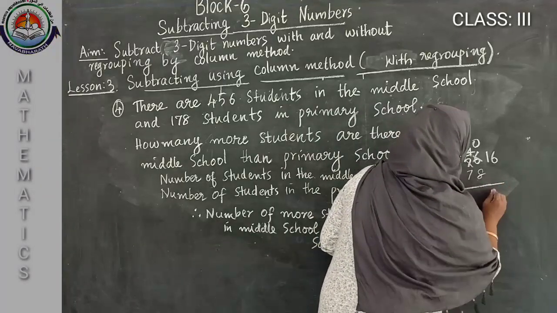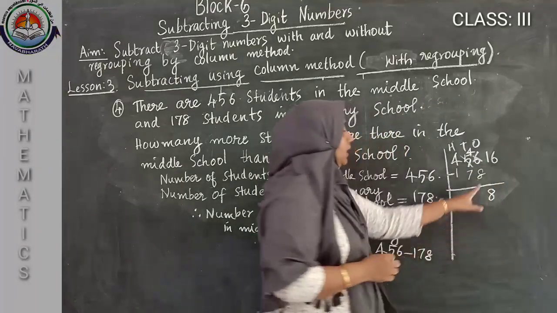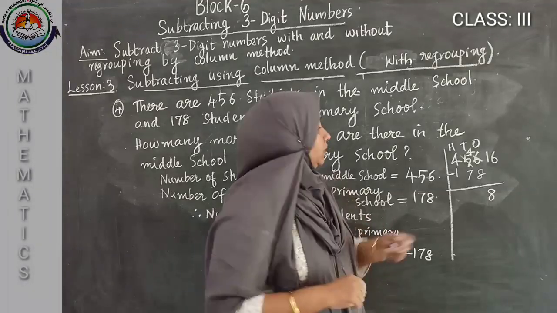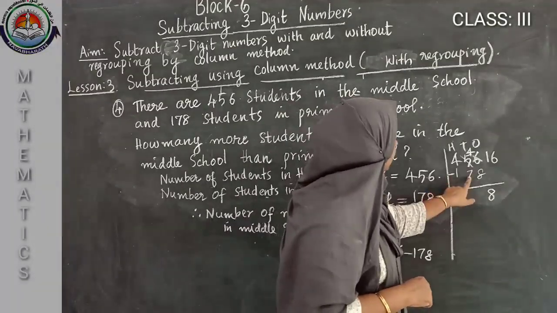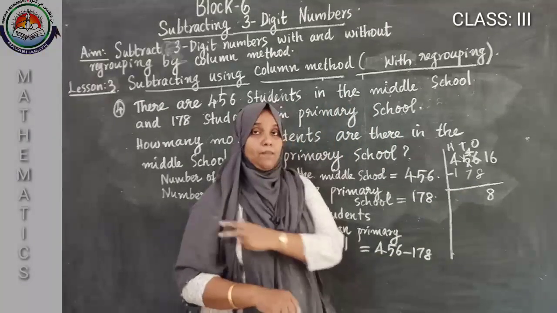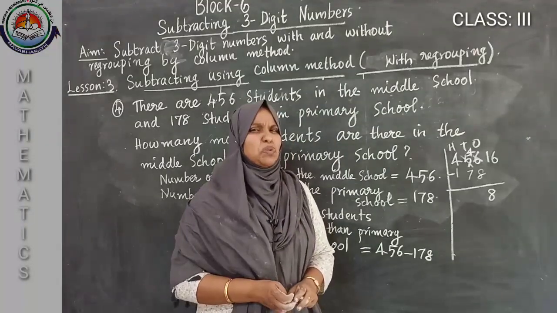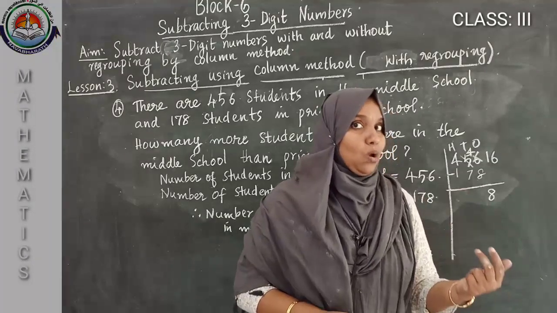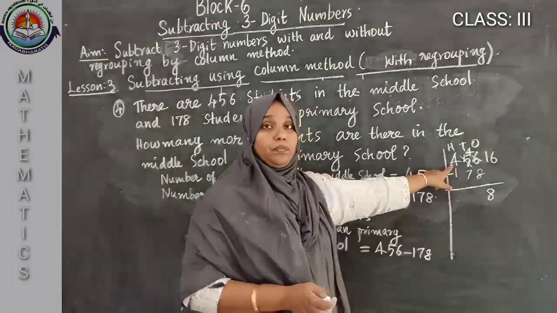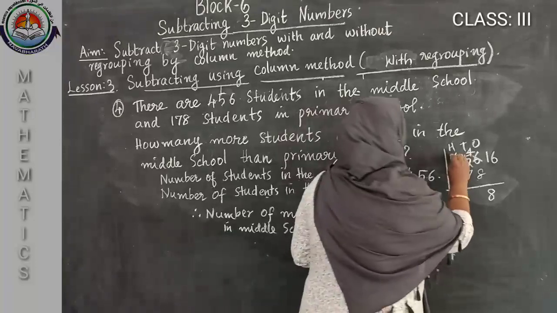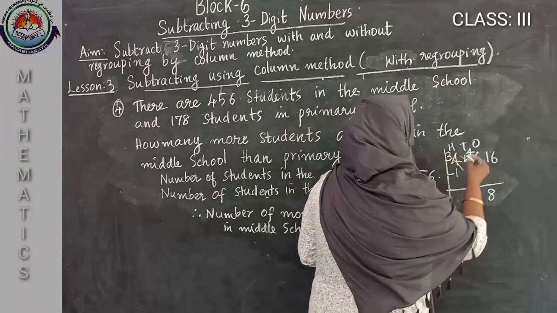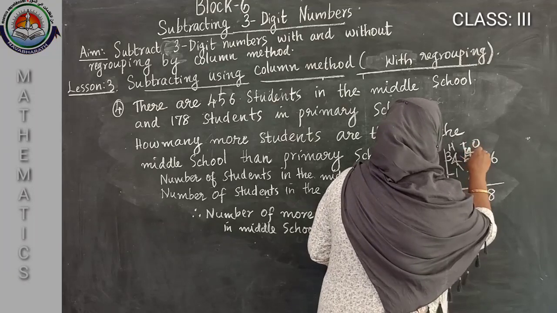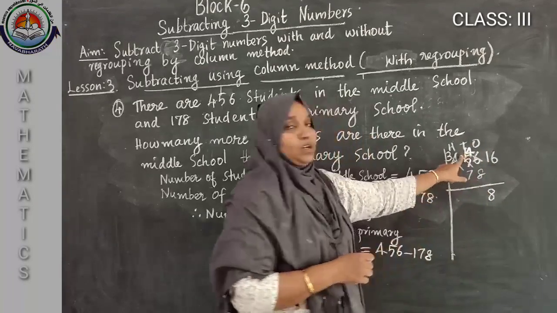You keep the smaller number in your mind and count. Then 4 minus 7. Can we do 4 minus 7? No. So we have to borrow 100 from here. So this becomes 3 and this becomes 14.